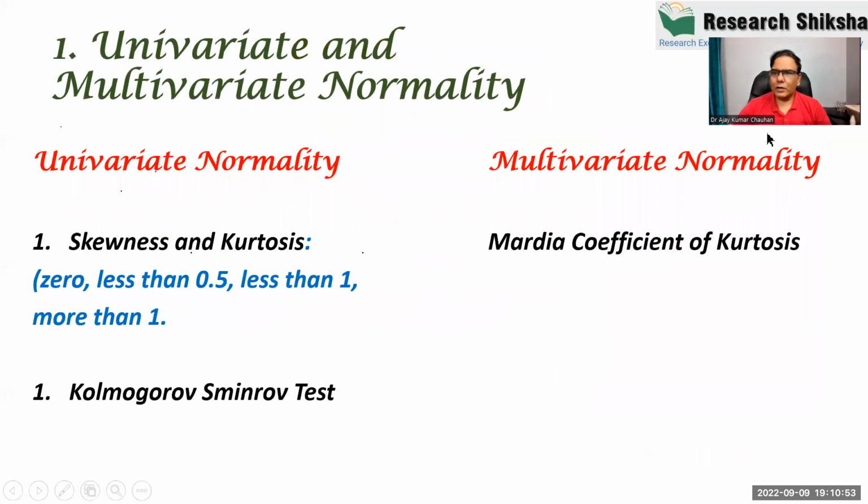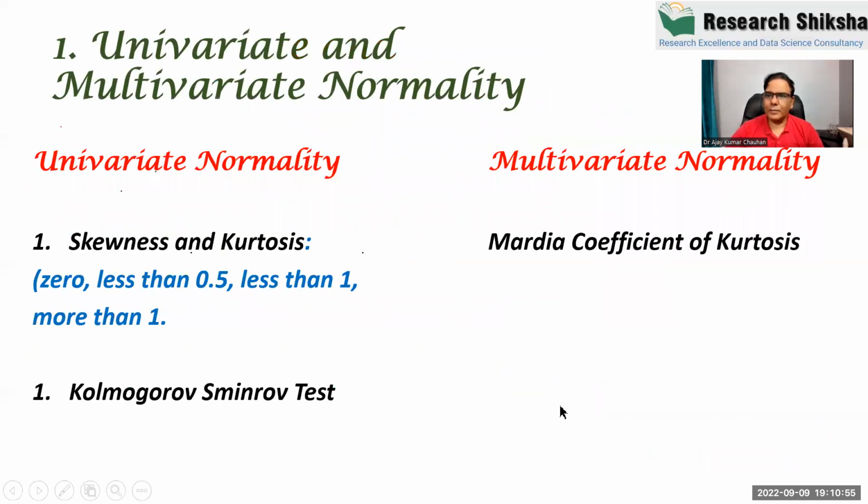So first of all, let me talk about the normality, because there are a lot of confusions in normality. There are different types of normality: univariate, multivariate. Then measuring the normality issues. Normally, we examine the normality by looking at either the skewness and kurtosis or the Kolmogorov-Smirnov test.